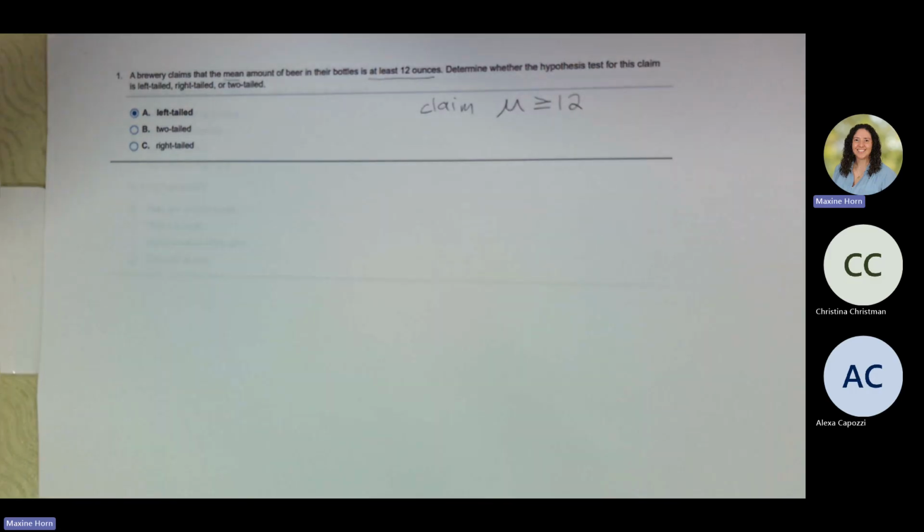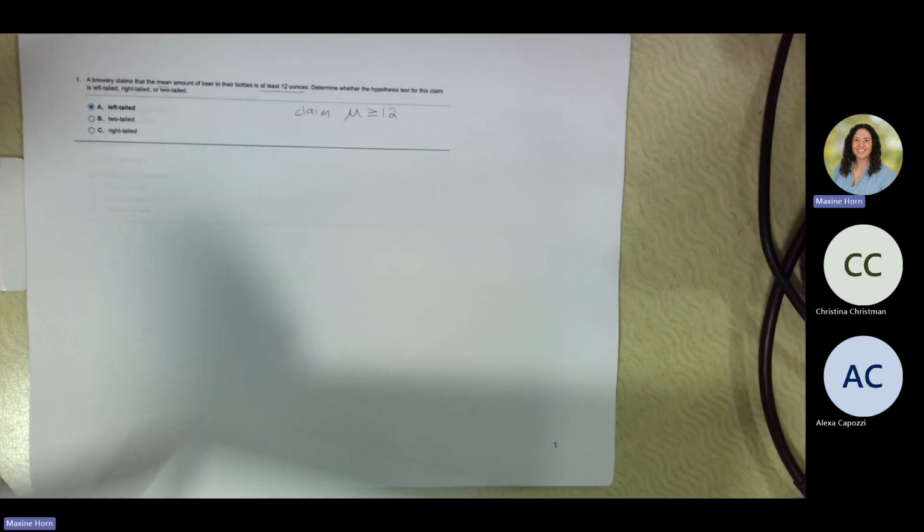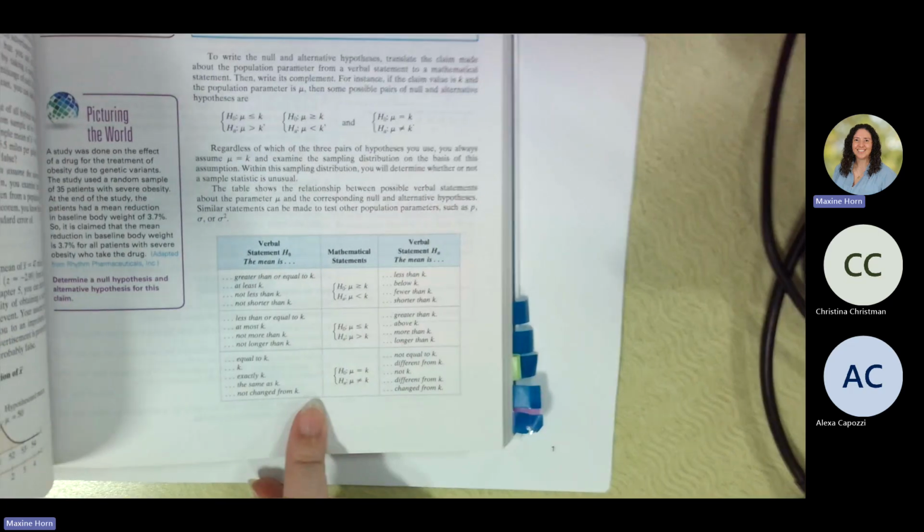Now in your book, let me get the page out here. There is a handy little chart. If you're not feeling super confident with taking those English phrases and translating them into what means less than, what means greater than or equal to, all that kind of stuff, they have provided a whole bunch of examples in the book. I'm going to have to zoom this back out, there's not room to put the book up here. So they have this chart here, right?